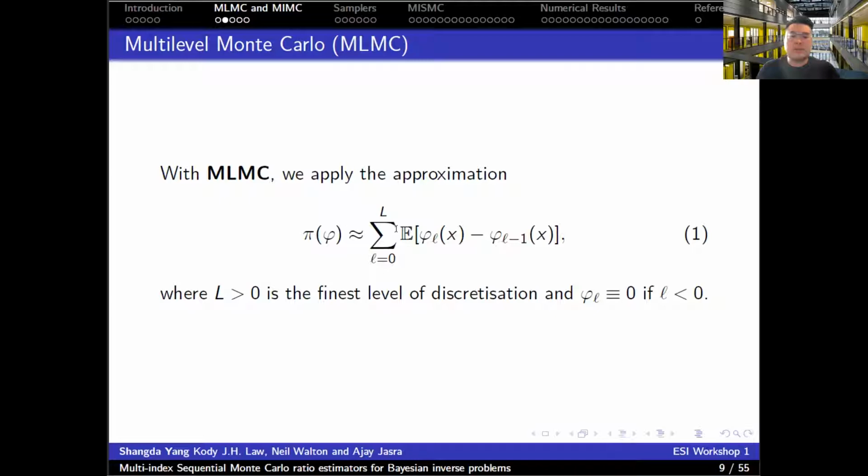With this method, we expect that the variance of these increments decays with the increase of the level, so that we can use fewer samples as the levels increase. And finally, we have savings in the computational cost.